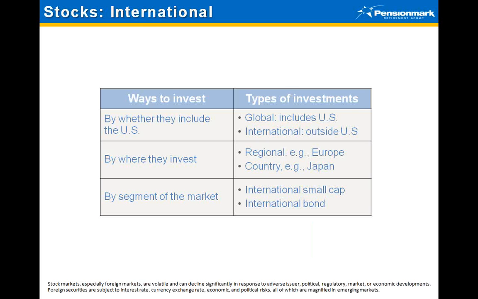So when you're talking about international stocks, which has had a lot of publicity, and we still believe is a very important part of your total portfolio, we can look at whether they are investing including the U.S. or not, by where they invest, if it's a specific region, and also what segment of the market, like the stocks and bonds we just considered. International investing could also include bonds, and in the stock portion could include small cap, mid cap, large cap, growth, value. So again, just can be further broken down.